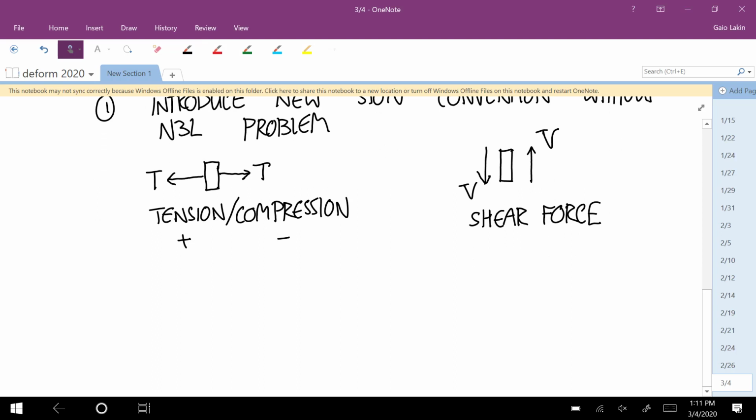And then the 2 couple components. It doesn't really have any intuitive meaning. And then about the z-axis, there's a couple that way, or if you're on the other side this way, those are capital M. That's called the bending moment.